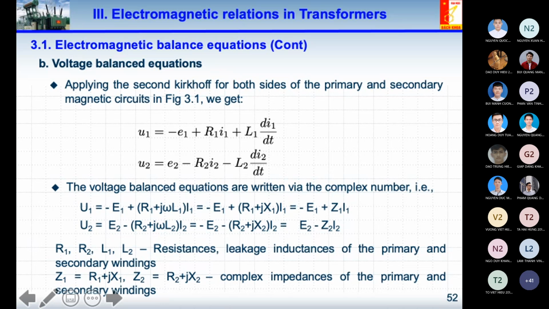So when the secondary winding of the transformer is open, or not connected to the load, the load current is equal to 0. At that time the primary current is equal to the no-load current, so we get I1 is equal to I0, because I2 is equal to 0 already for the no load.